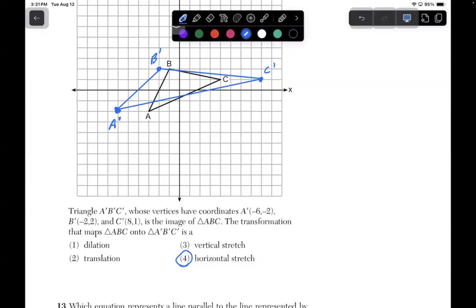And a vertical stretch would stretch it this way. That would be a vertical stretch. Everything's being stretched out this way. Okay. No questions. All right.